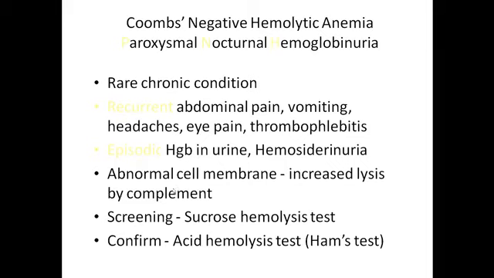Paroxysmal nocturnal hemoglobinuria is a very frequently asked question. The examiner will give you a scenario: a patient comes to you with general weakness and a complaint of anemia, and he complains that there are color changes in his morning urine.